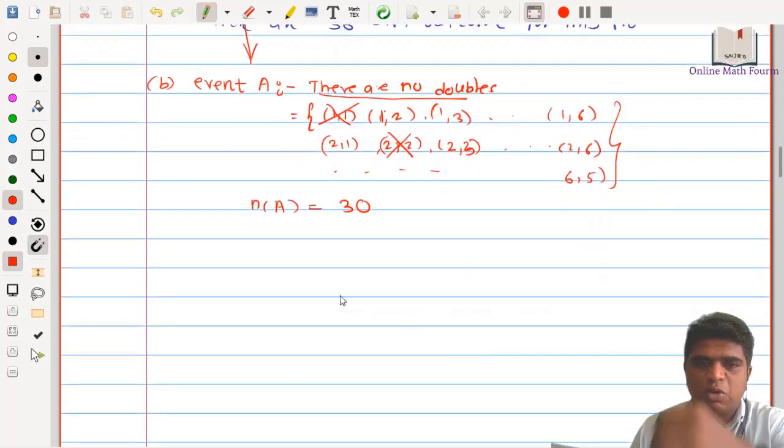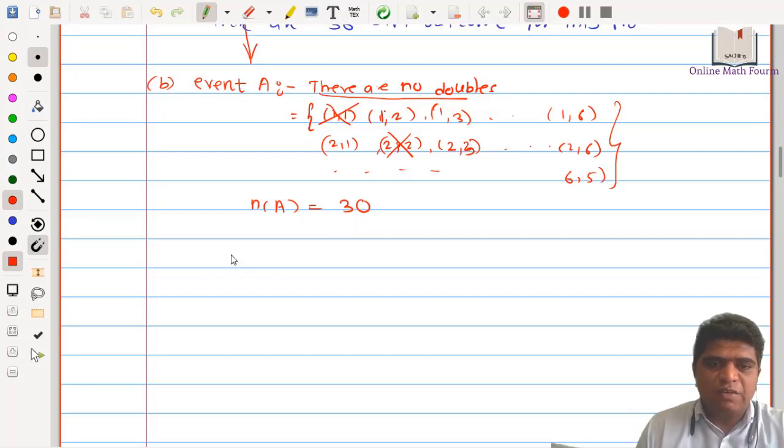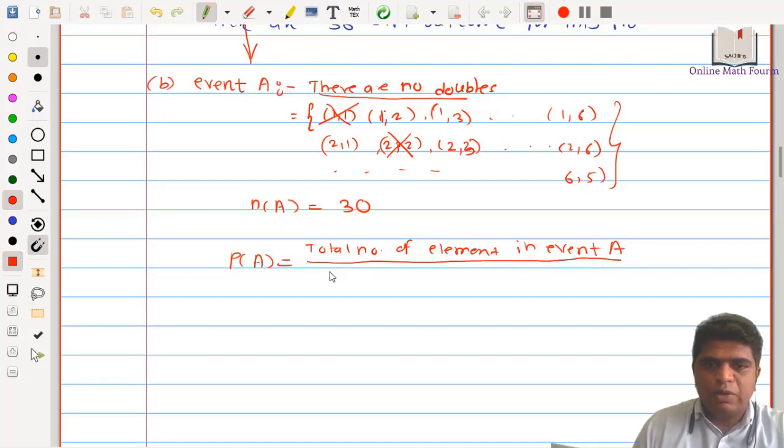So the number of elements in event A is 30, and we know the formula: probability of A is equal to the total number of elements in event A divided by the total number of elements in the sample set.